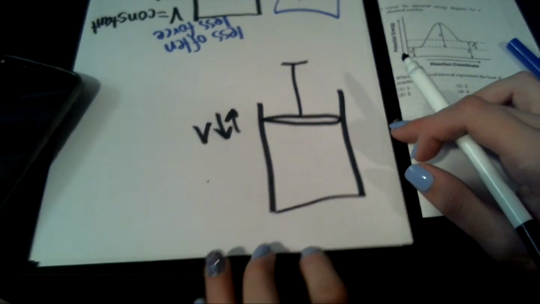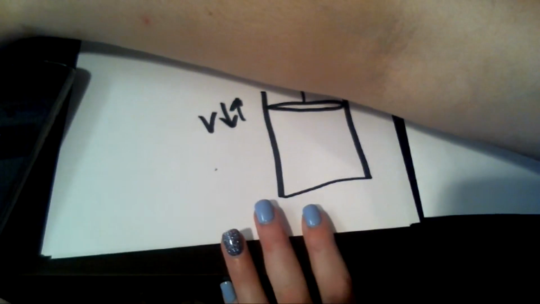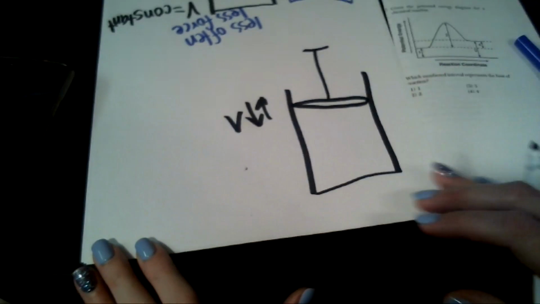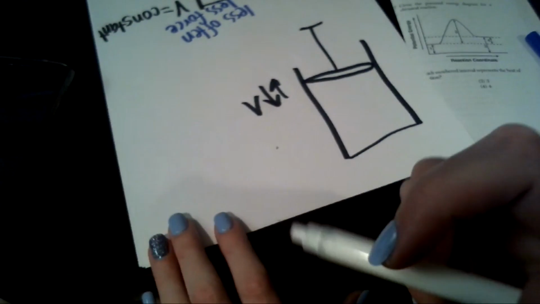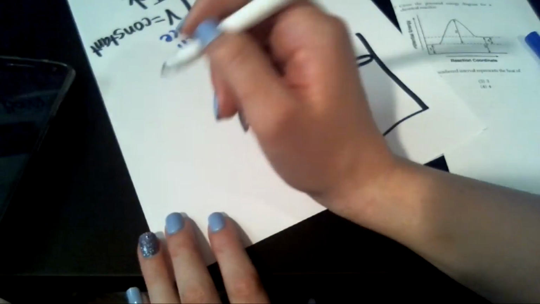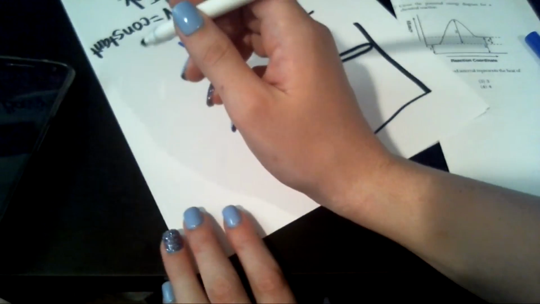So we have a movable piston. This is going to hold 50 liters. We're at 30 degrees Celsius. What is the new volume of the gas? So we are going to have to set up gas law variables.